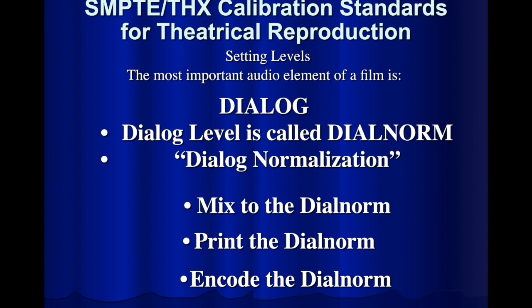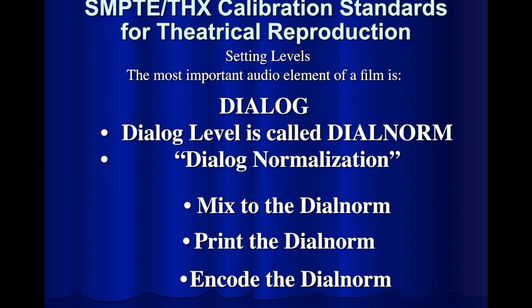And you can encode that dial norm so that when the consumer clicks on an AC3 file, maybe that AC3 file is really low in level. Maybe you're doing a Blu-ray disc, and there's interviews with the director, there's interviews with the makeup artist, there's interviews with the sound guy. Maybe the makeup artist's interview is 3 dB, 4 dB low.